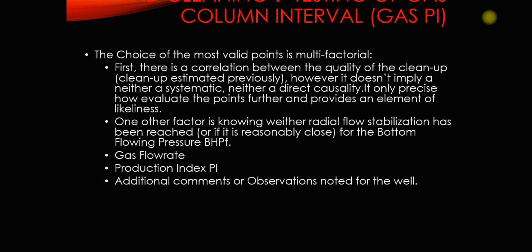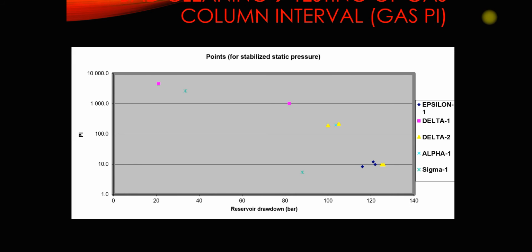Sometimes you find no significant gas production, but you find traces of gas in the mud, for example. So we will evaluate from the points you've seen before, the blue points. We will now only select those who have reached a radial flow stabilization or close to it. So let's move on to the next slide.